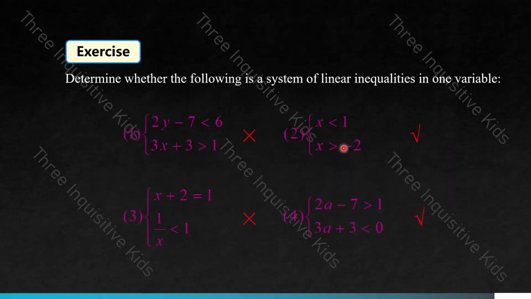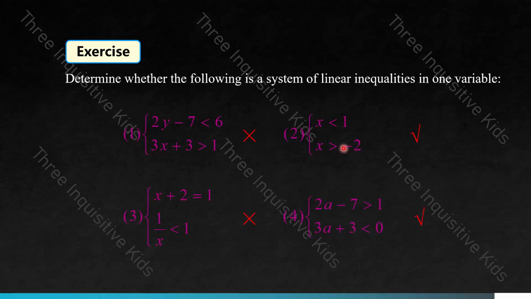So there's two inequalities in one set, right? And you already know how to represent solution sets of inequalities on number lines. Now, if you were to represent two solution sets on the number line at the same time, you may see a common part where both inequalities overlap onto that area.